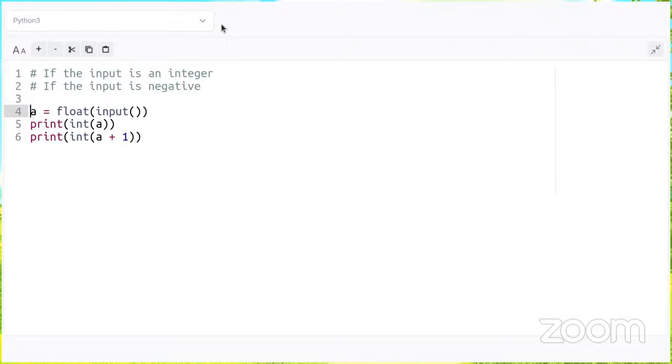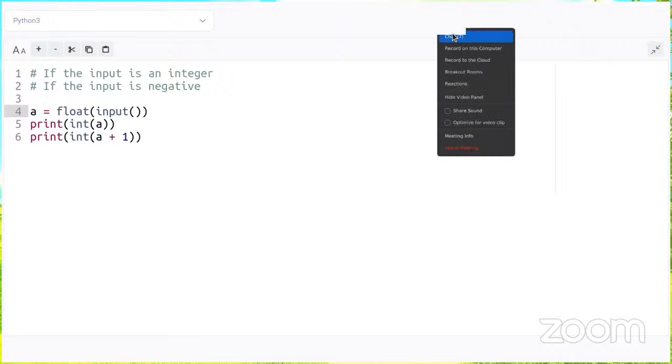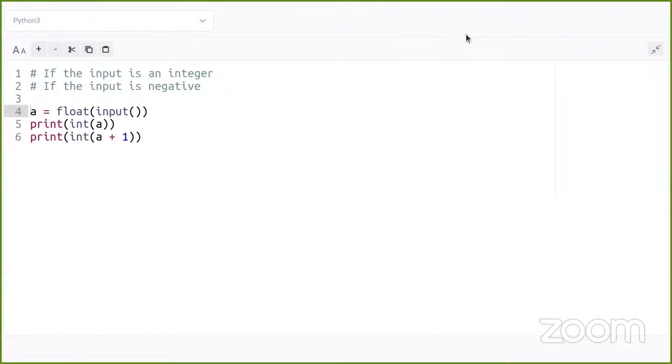Sir, I have tried to handle the second thing where the input is an integer, that is, the decimal value is 0. Okay, so can we look at your code? Have you pasted your code in the chat? No, I haven't, sir. I'll paste it in a minute. Yes, sir. Shall I include this if positive, this code will be executing?